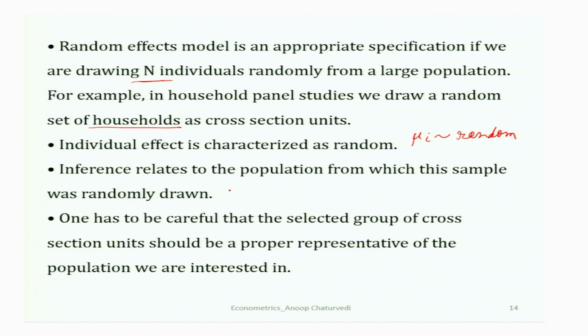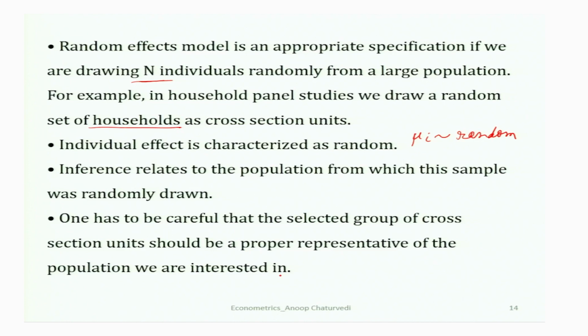So, although you have a large population and you are drawing a set of capital N individuals, your final inference relates to the population of all the individuals from which you have taken the sample. Then one has to be careful that the selected group of cross section units should be a proper representative of the population we are interested in.